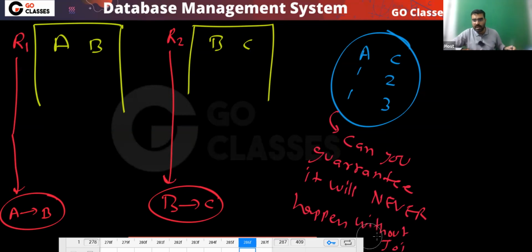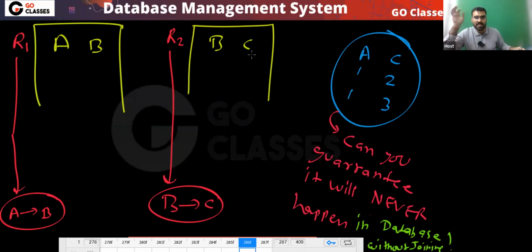Can you guarantee it will never happen in R1, or I can say in the database, without joining? Yes, you can guarantee, because you can notice.